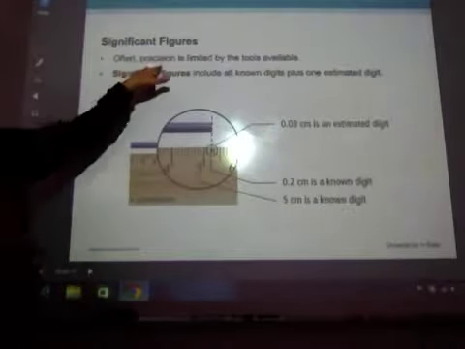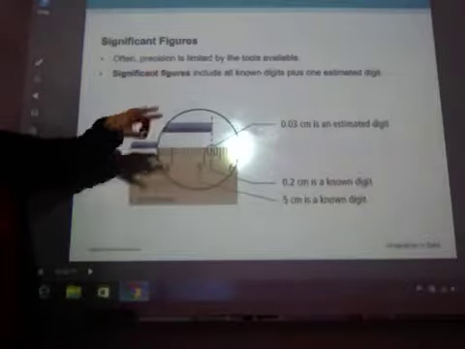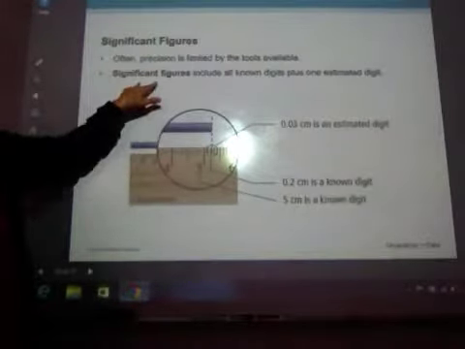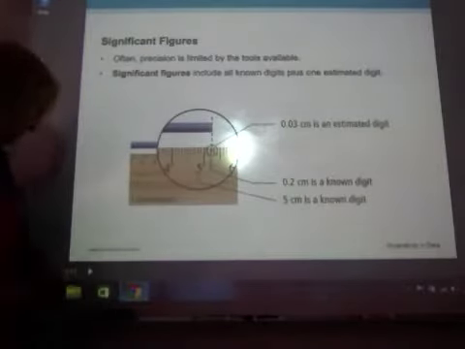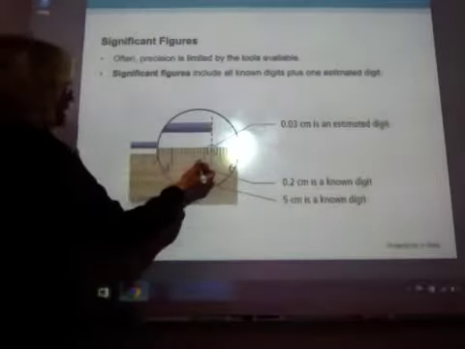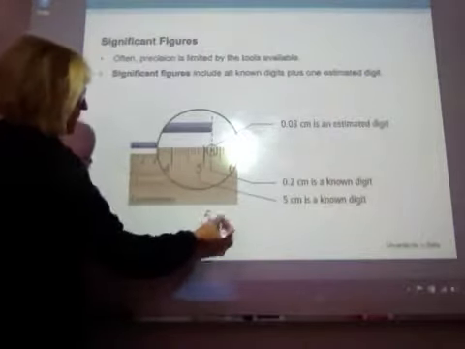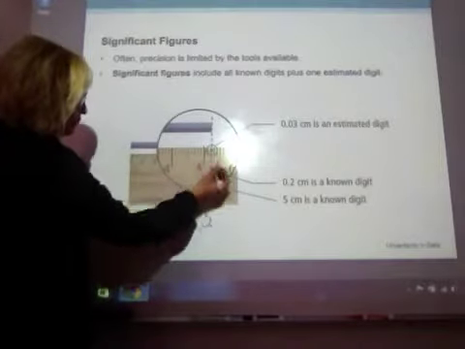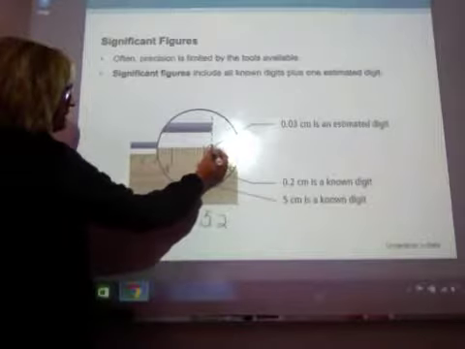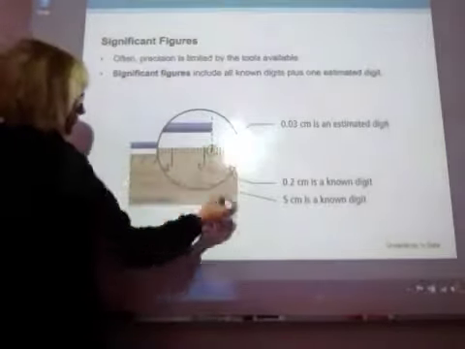So precision is limited by the tools that we have. Some tools are more precise than others. And significant figures include all digits plus one estimated digit. When you measure, I know that it's 5, and then I know that it's 5.2, and then I have to estimate how far between the 2 and the 3 it is.